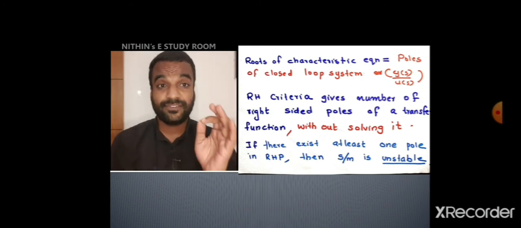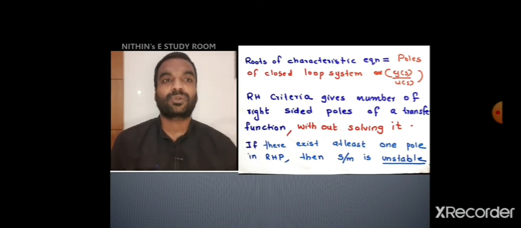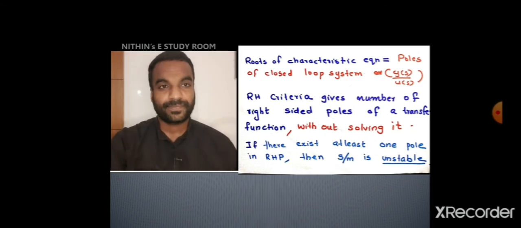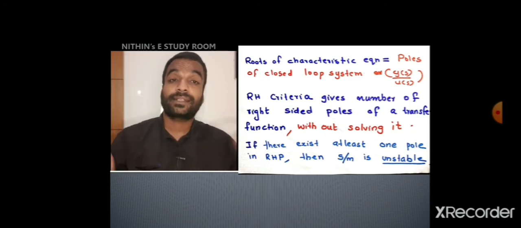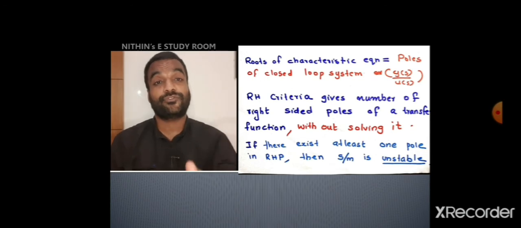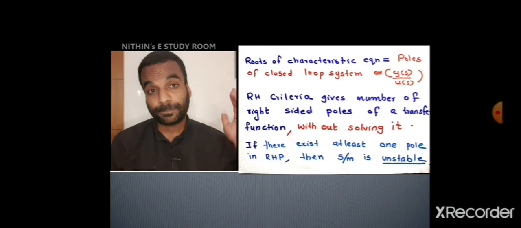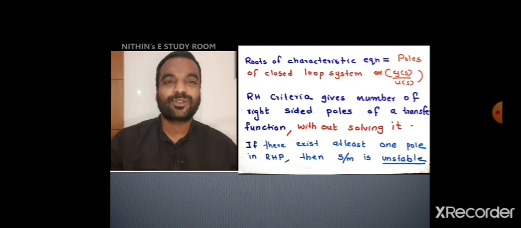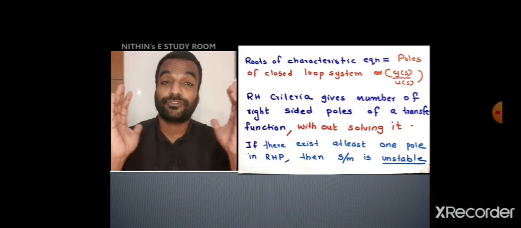RH criteria gives the number of right side poles of a transfer function without solving it. If you are getting a complicated equation like s raised to 5 plus 4s raised to 4 plus s cube plus 2s square plus 1s is equal to 0, it is not that easy to solve it like (s plus 2) into (s plus 3), because it is a fourth order or fifth order equation.